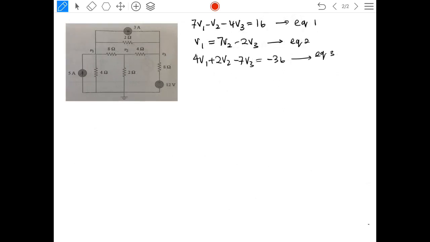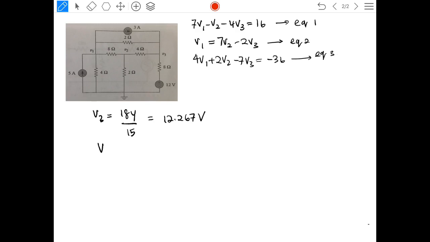When we write all these three equations back, we can use simultaneous equations to solve the V1, V2 and V3 values. Here I don't want to dwell too much on the mathematics, so I just share with you the results. V3 is 184 divided by 15, which is equal to 12.267 volts.